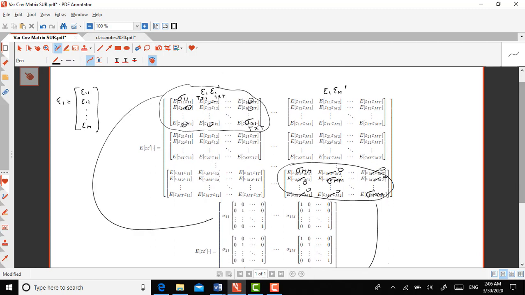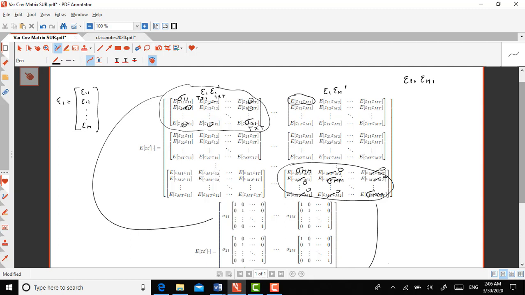Okay, so now let's think about what's going on with this off diagonal element. Let's say at this specific product here. So we have the product of the errors of the first equation and the first individual, and the errors of the n equation for the first individual.